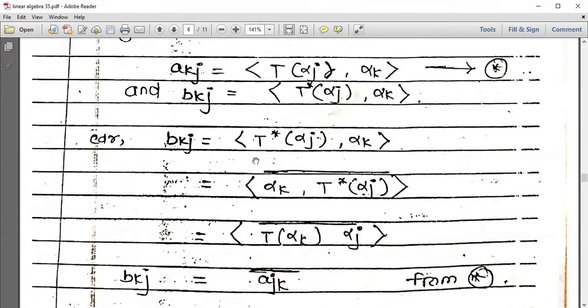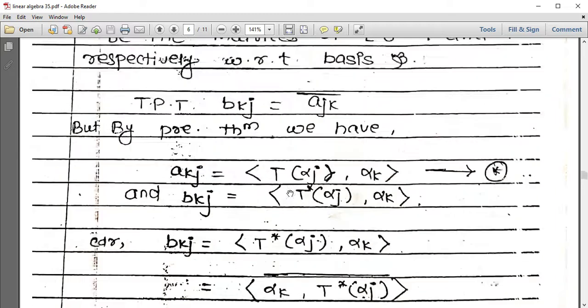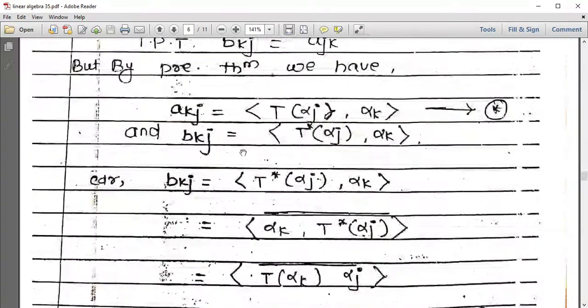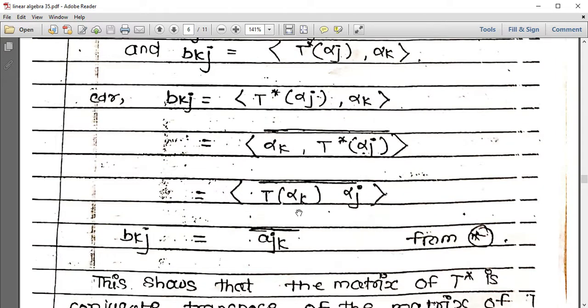Consider BKJ equal to the inner product of T star alpha j, alpha k, which by the conjugate property of inner product space is the conjugate of the inner product of alpha k and T star of alpha j, which is equal to the conjugate of the inner product of T of alpha k and alpha j.